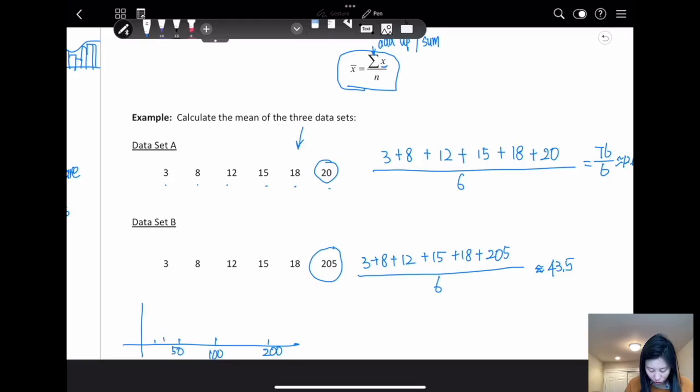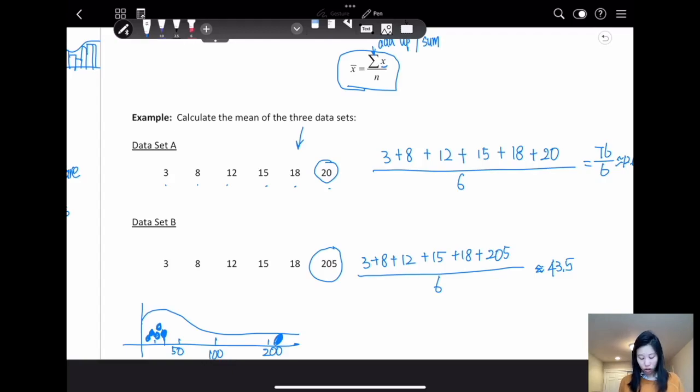All of the data is maybe around this area: 3, 8, 12, 15, and 18. And then we suddenly have one that is 205. So is this skewed left or right? Remember, the tail determines the skew. So this is skewed right.